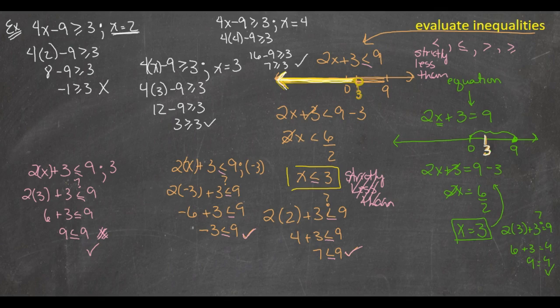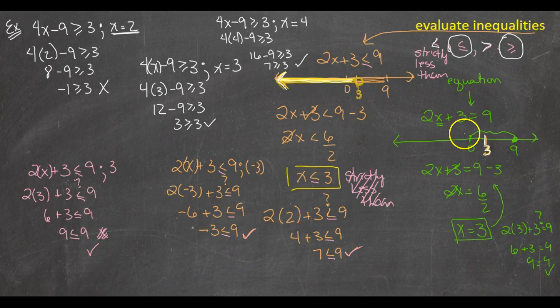And sometimes the value that you would get from the equation is part of your solutions. That would be when you have a less than or equal to or a greater than or equal to. The value that comes out of the equation when you solve the equation is part of your answer set. And sometimes when we're doing strictly less than or strictly greater than, the value that would have come out of solving the equation is not part of your answer set.